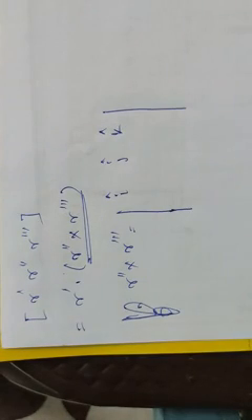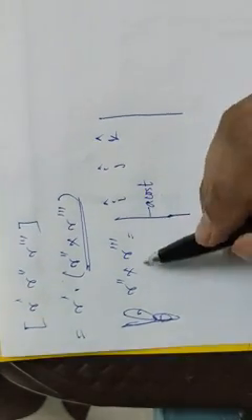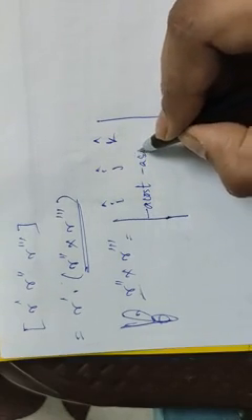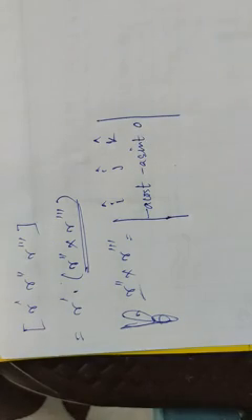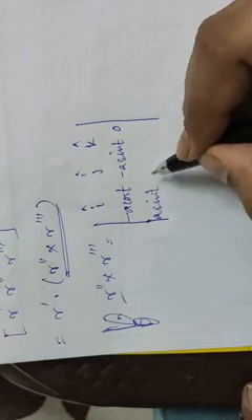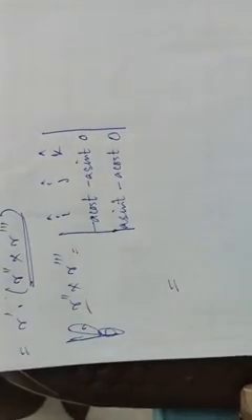Just find the cross product of two vectors: minus a cos t, the first component of r double dashed, then minus a sin t, and this is 0. Next a sin t, minus a cos t and 0. Now expand the determinant.